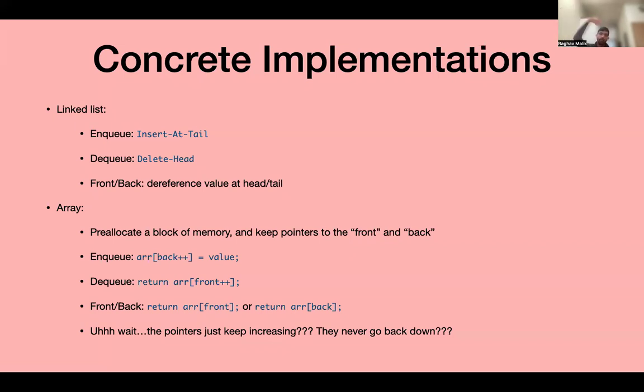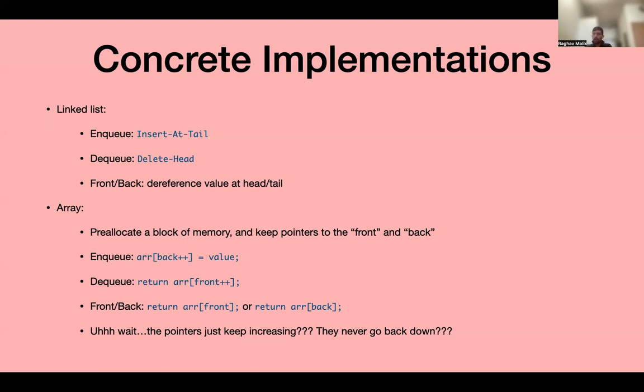And the only way to do that is by looping through and finding what was just before the tail, because in general, our linked list only has a next pointer. If we have a doubly linked list with a previous pointer, then we can just set the new tail to be the old tail dot previous. But then that's a doubly linked list. Does that make sense to everyone? Any other questions? All right, cool.